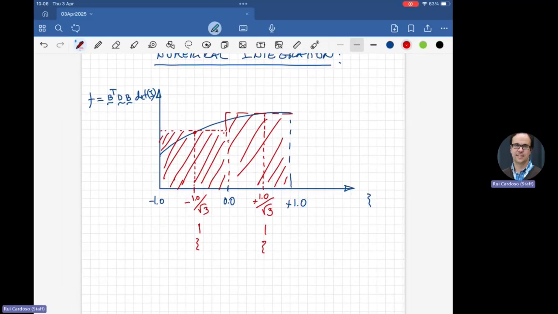So basically what I do is a summation from 1 to 2, so in the x direction.